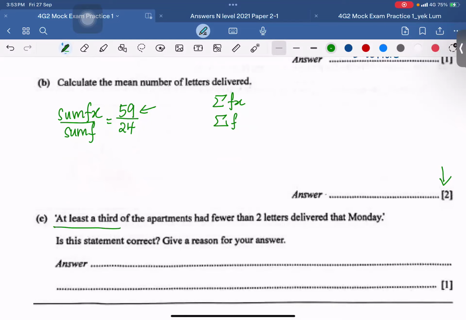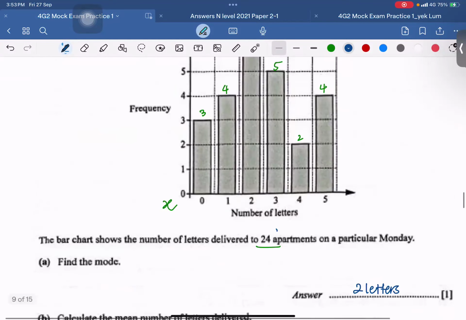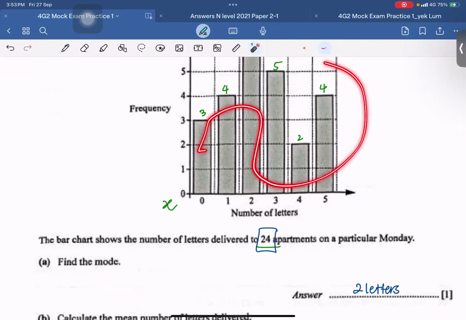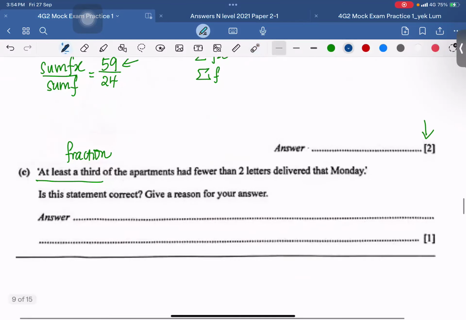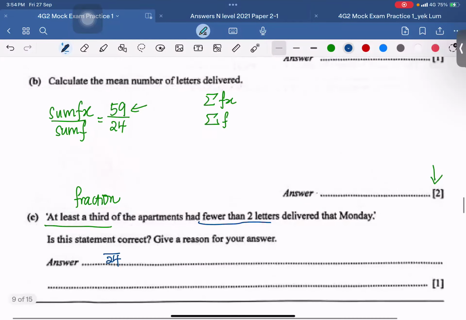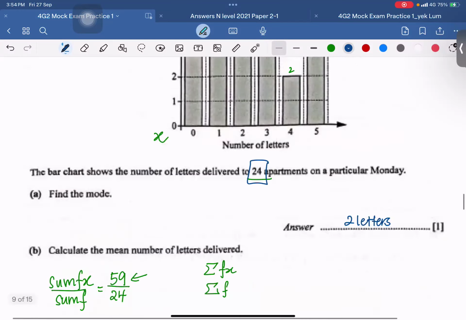Okay. Next one, at least a third, at least 1/3. So they are counting the total fraction. They want a particular fraction. My total number of apartments was 24, the total frequency over here. I want how many apartments have fewer than 2 letters. So 2 is not included, only 0 and 1.